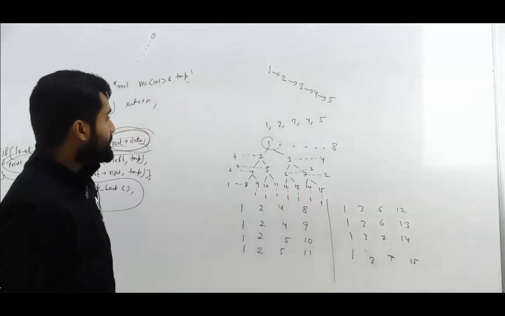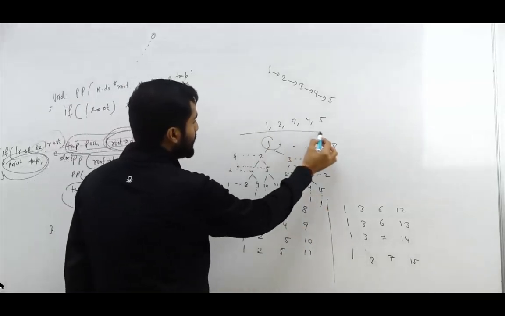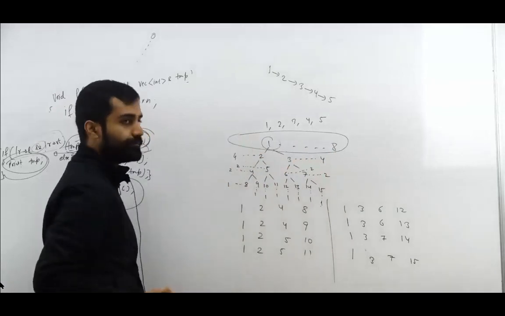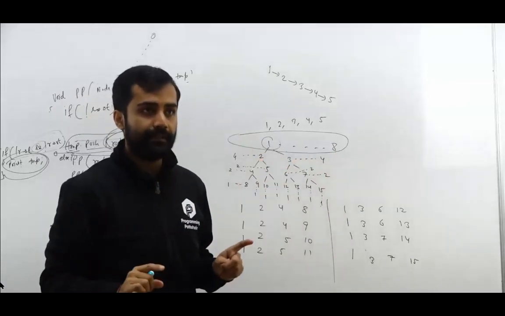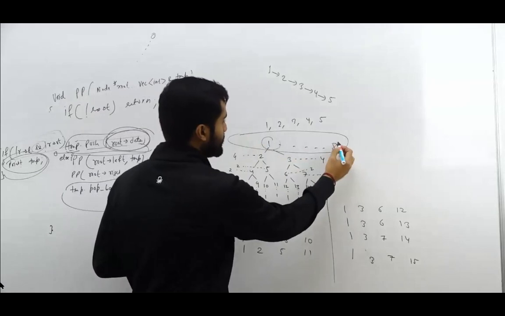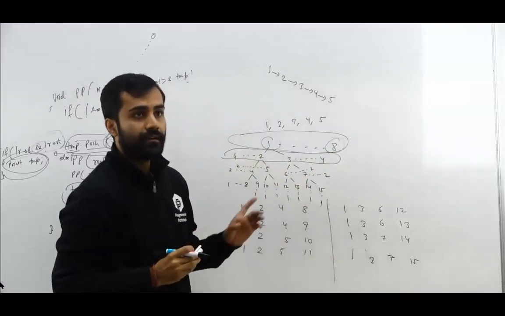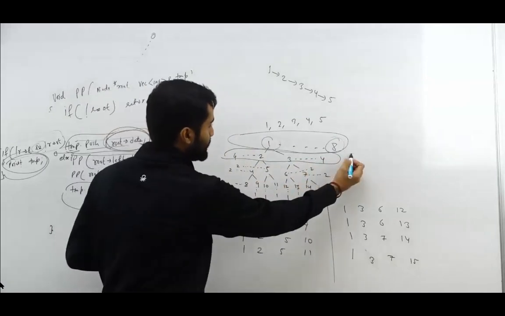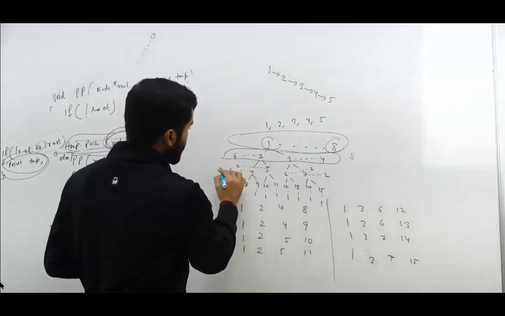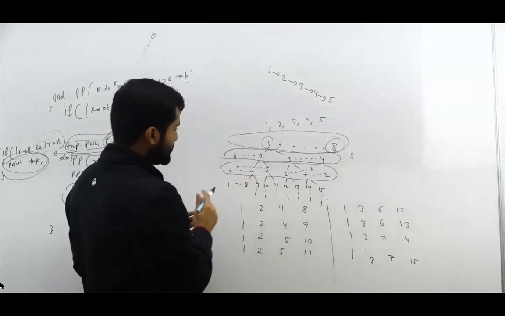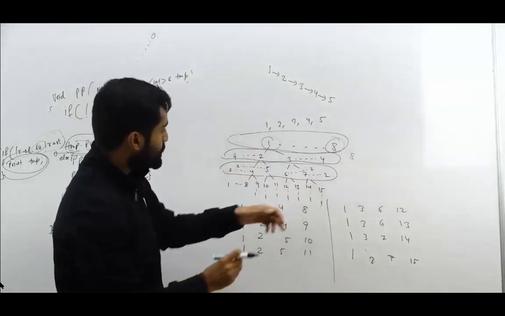Now, let's be realistic. What is the total number of prints at the first level? 8, correct? What is the total number of prints at the second level? 4 plus 4, again 8: 4 times this, 4 times that. Total number of prints at this level, 2 plus 2 plus 2 plus 2, again 8.